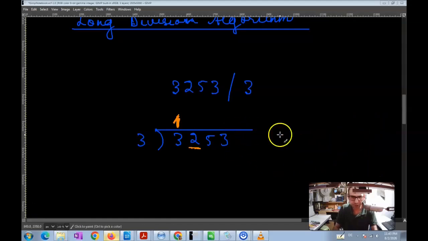So now if I write, 3 goes into 2 how many times, that means what is 200 divided by 3, right?